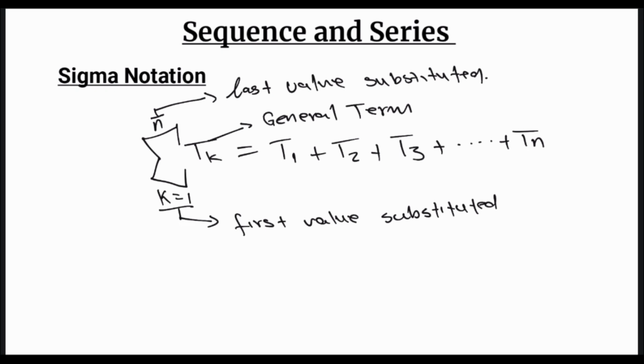You say the sum of tk, which is the general term, from k is equal to 1 to k is equal to n. Let me write this down. So it is the sum of tk, which is your general term, from k is equal to 1 to k is equal to n, which is the last value to be substituted in the general term, right?